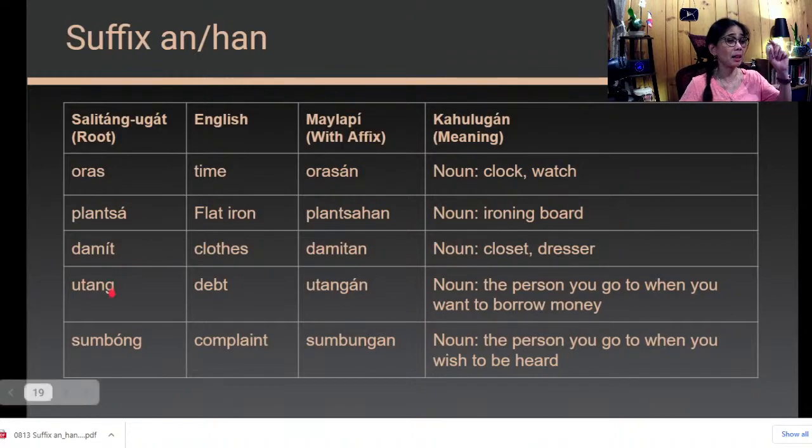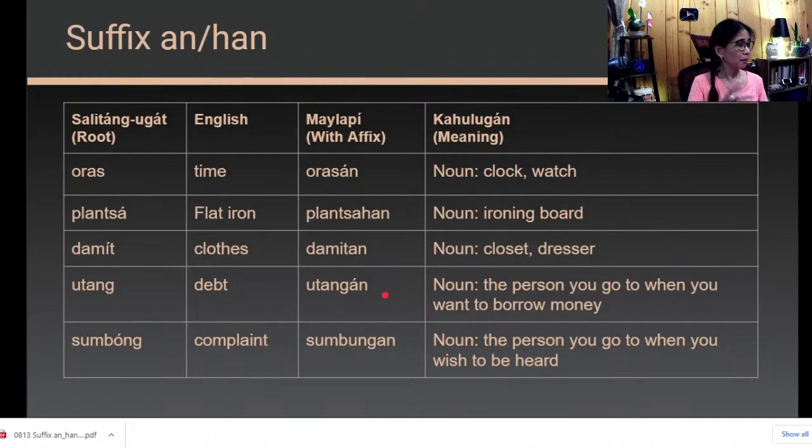Damitan. Utang means debt. Utangan means the person you go to when you want to borrow money from. Yes, utangan. That person everybody wants to borrow money from, she is being utangan.